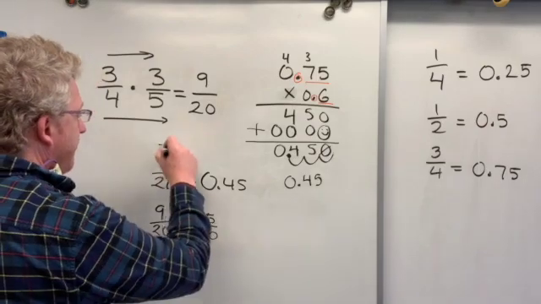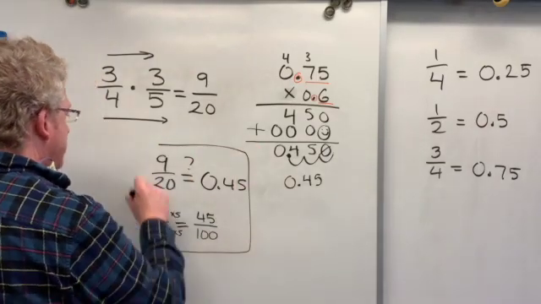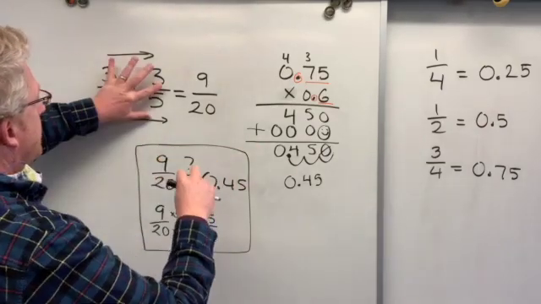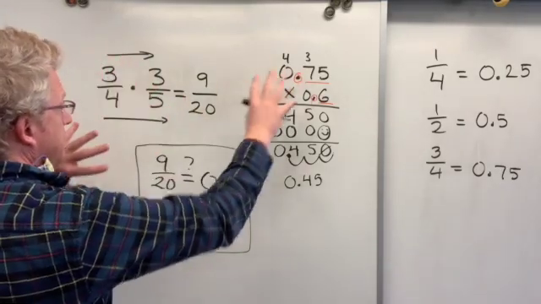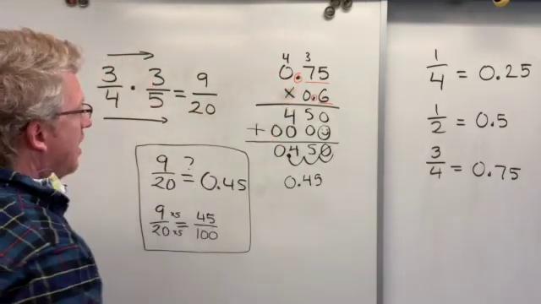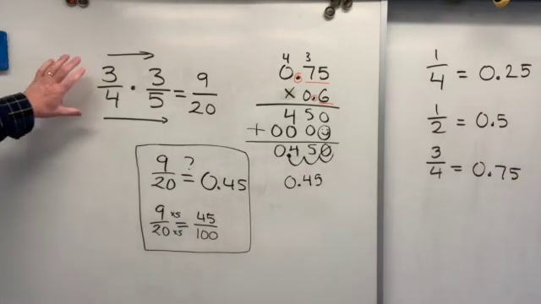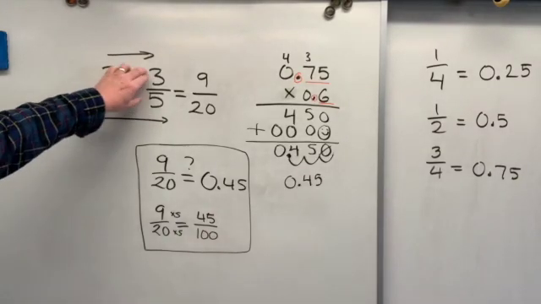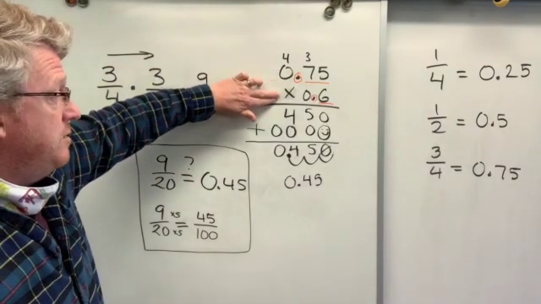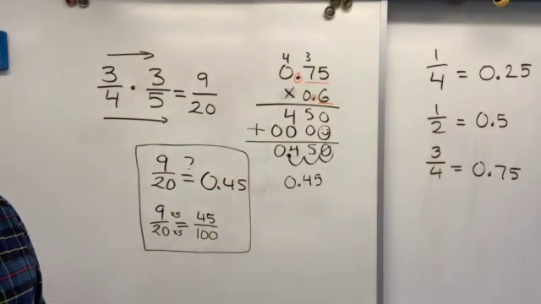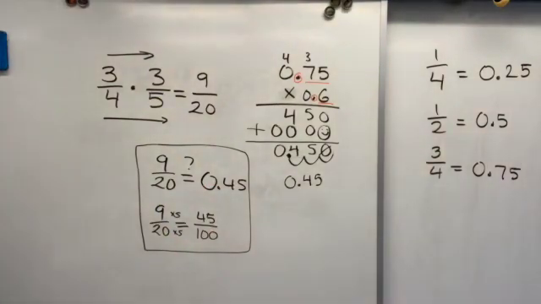That confirms that these two multiplication problems, fractions, decimals, are equivalent. So 3/4 times 3/5, there's 3/4, there's 3/5. I'm going to pause this video for a minute. Go ahead and make sure you have this copied down.